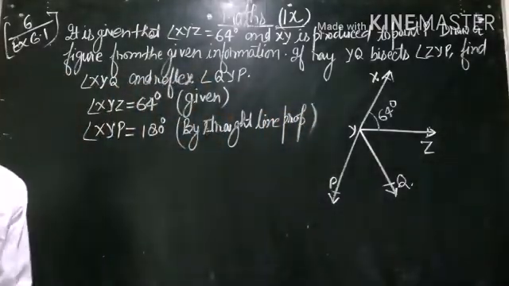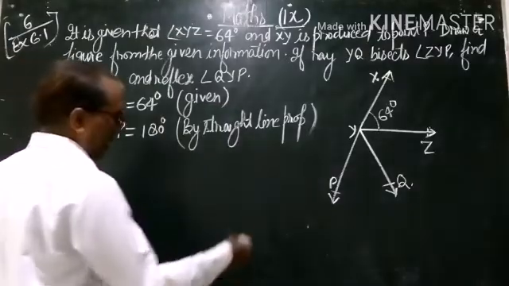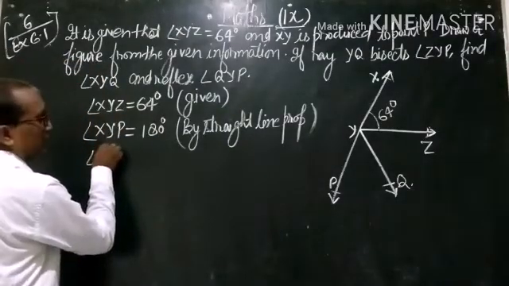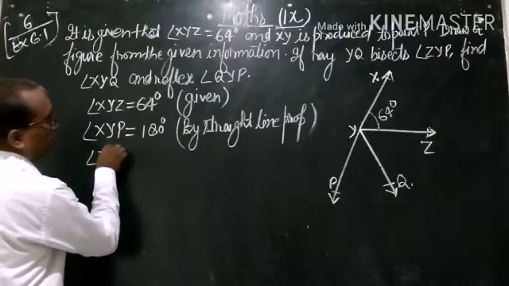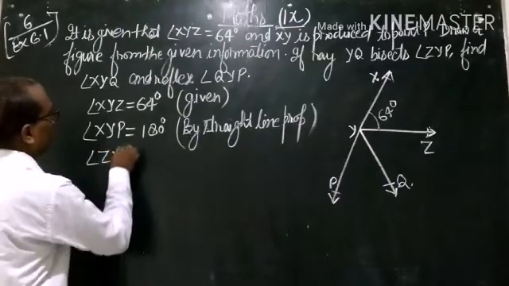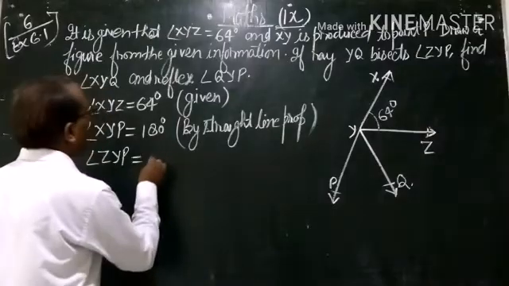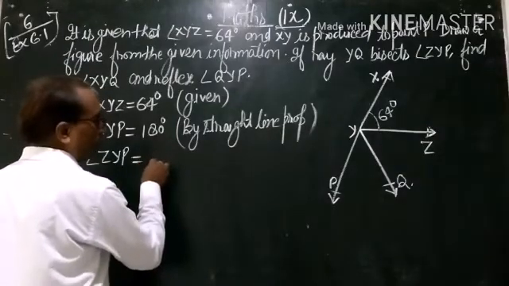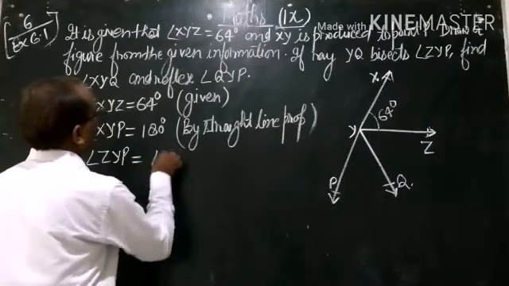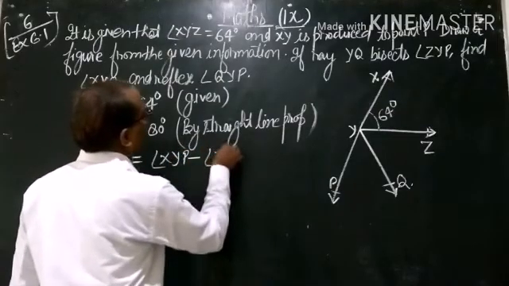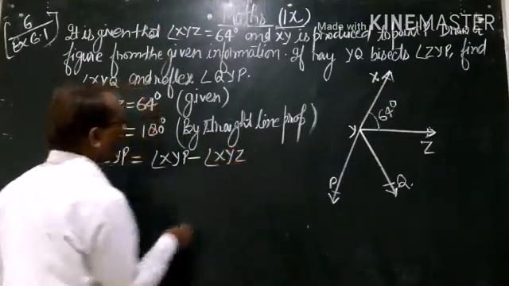Then angle ZYP is equal to angle XYP minus angle XYZ.